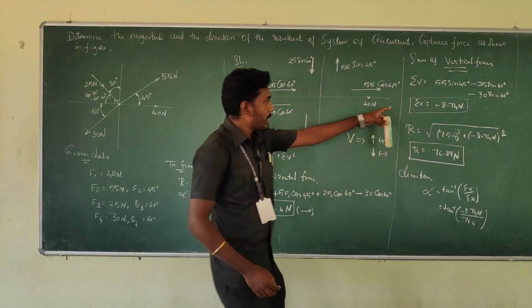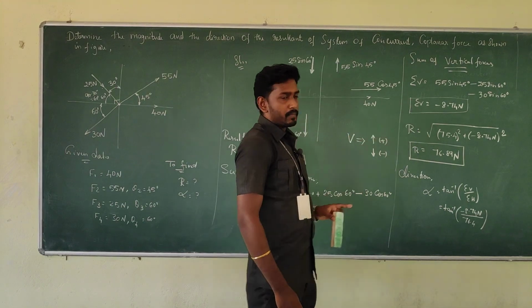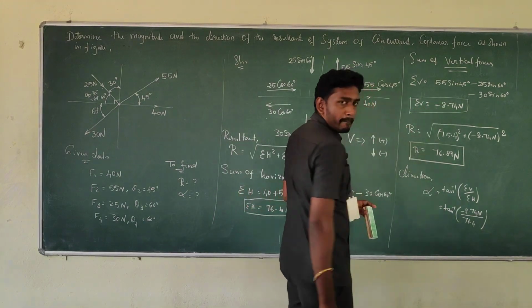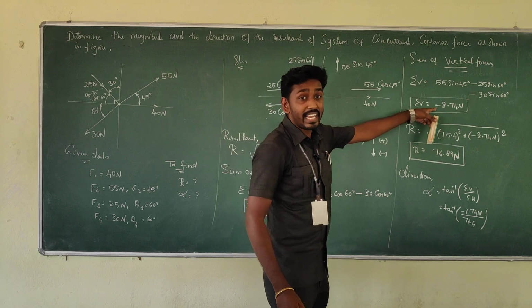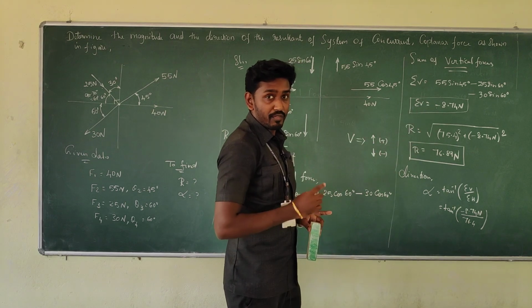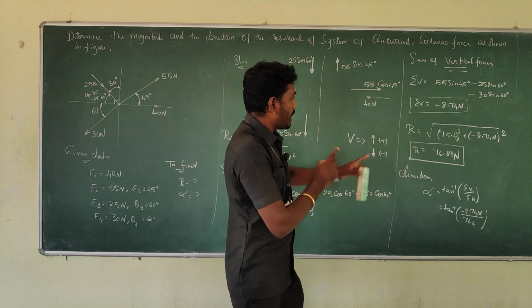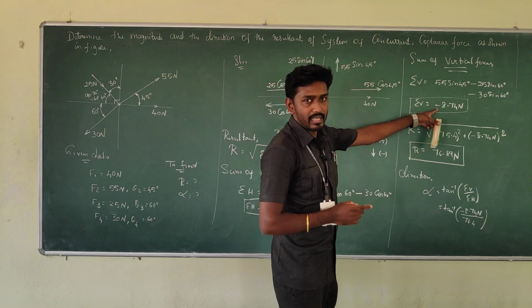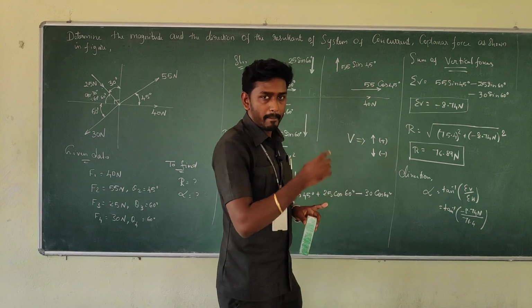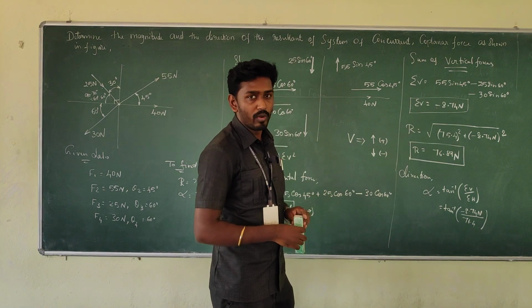When you come to the summation of V, here it is given with negative sign. Summation of vertical force, in the sense what? Up and down. Am I right? So if you get minus, then it must be directed in downward direction.